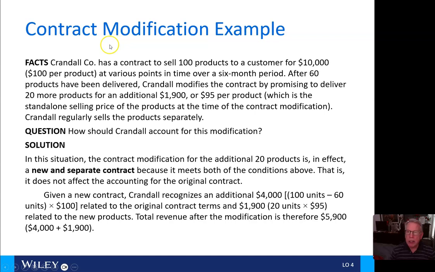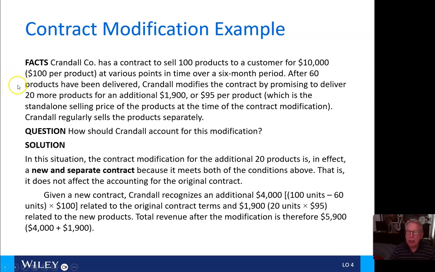Okay, let's take a look at a contract modification example with Crandall Company, which has a contract to sell 100 products to a customer for $10,000, representing $100 per product, at various points in time over a 6-month period.